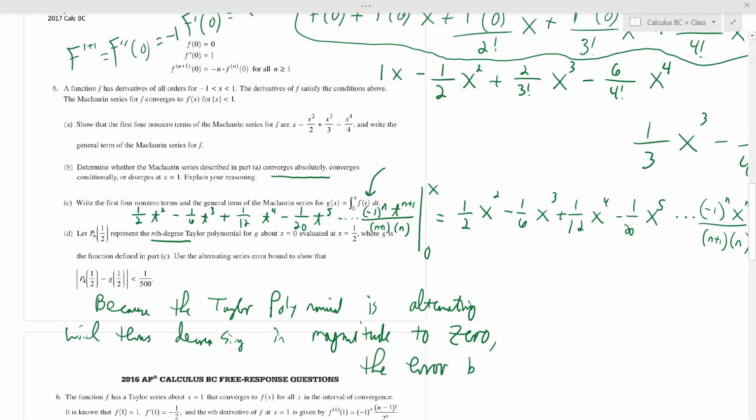The error bound is the first omitted term, which will be talked about because it's alternating, right?